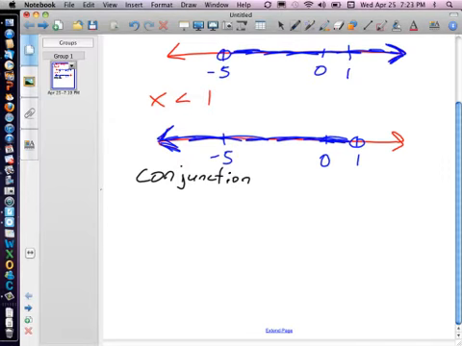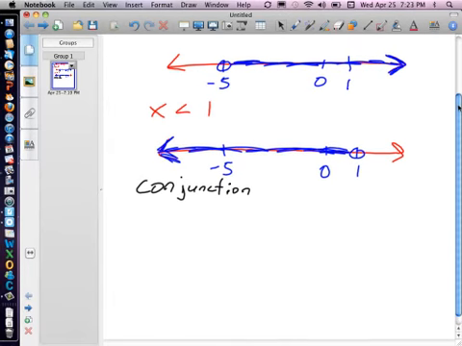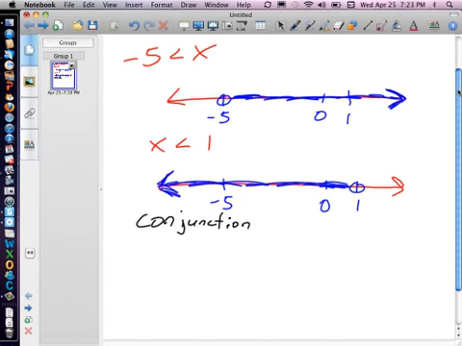So if I combine negative 5 is less than x and x is less than 1, we can combine that and say something like negative 5 is less than x, which is less than 1, and x is less than 1.